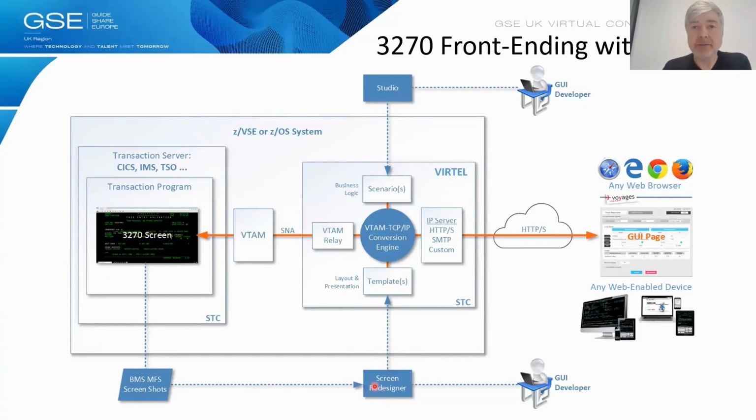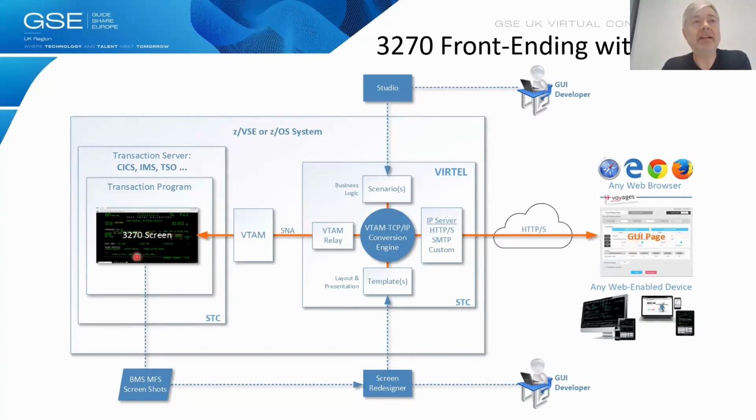And it's a tool that's going to be used by the people who are going to be modernizing the screens. Now you'll see in the demo, it's a tool that's very easy to use. So you don't need to be a web developer to build these templates. You need to basically know how the application works, how people use the application, what they need to see on the screen, what they need to see on the web browser screen.